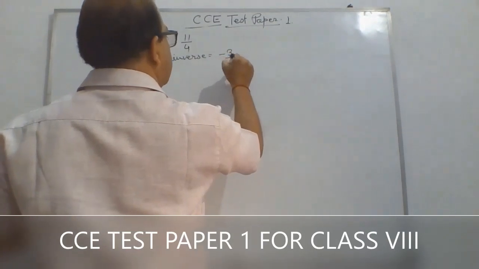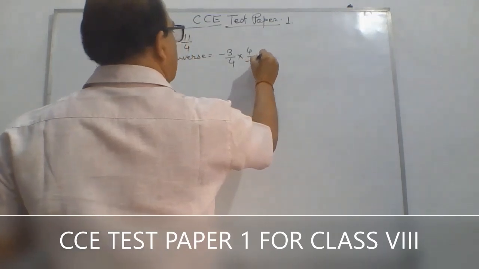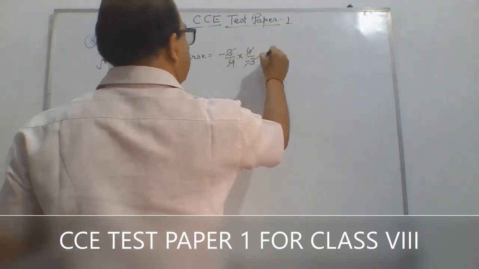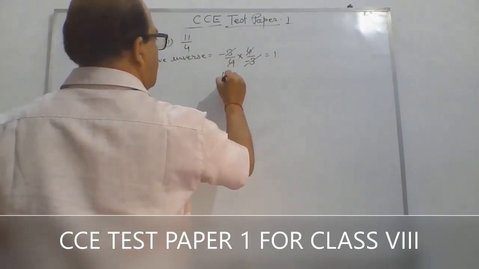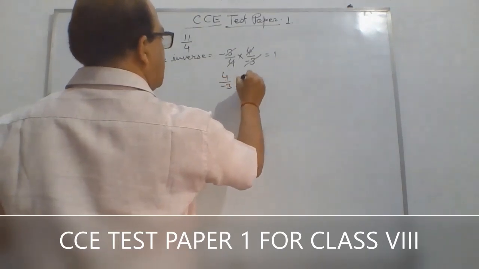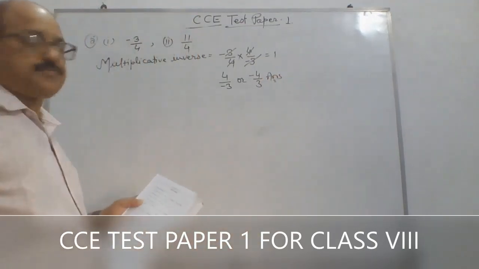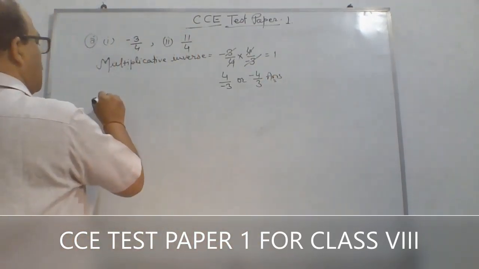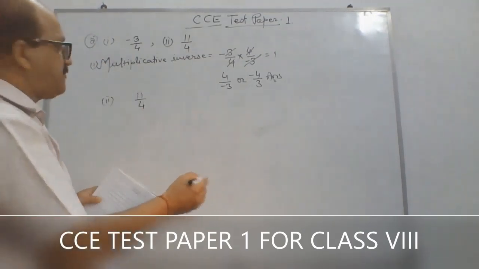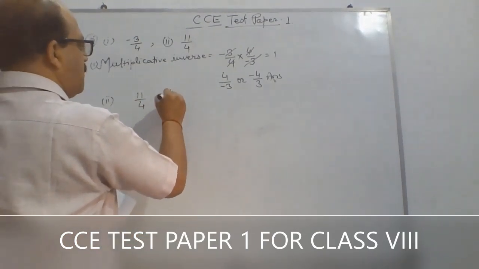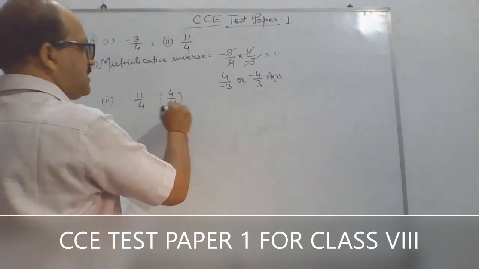Minus 3 by 4 into 4 by minus 3, both will be cancelled and it becomes 1. So the multiplicative inverse of this number is 4 by minus 3, which you say is minus 4 by 3. Like the other, 11 by 4. The multiplicative inverse of 11 by 4 is 4 by 11. This is the answer.